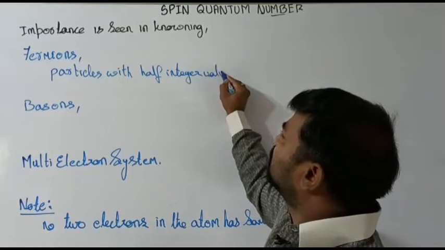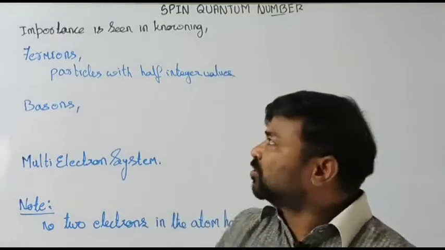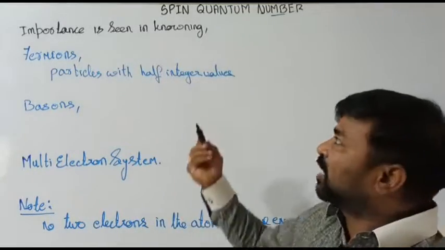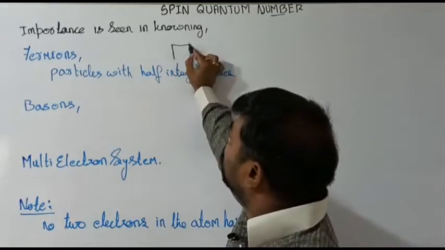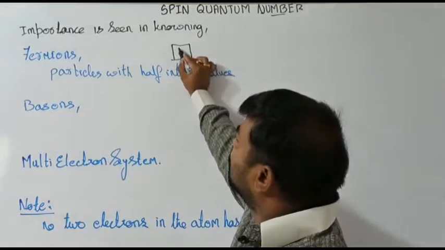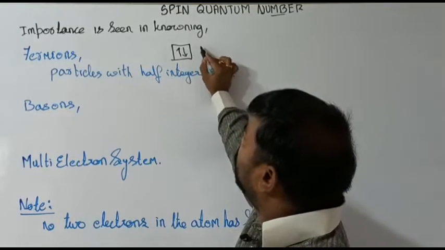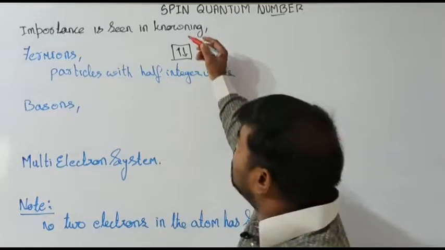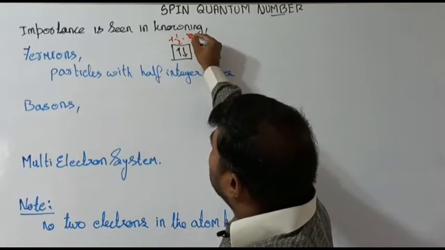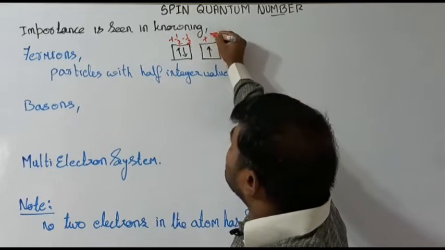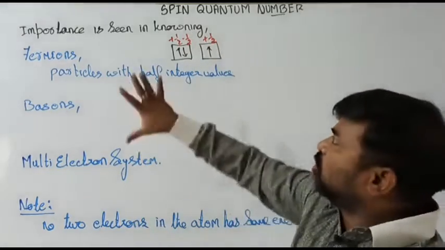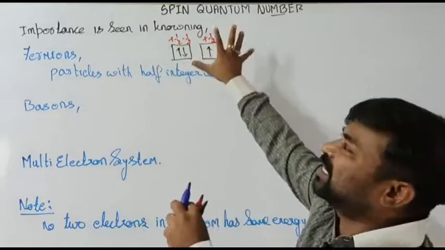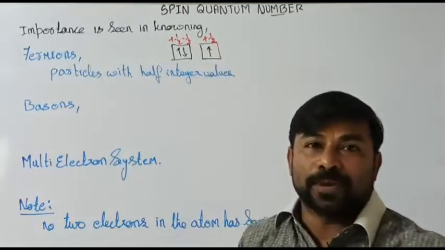You have to remember this one. What are fermions? Particles with half integer values. For example, the duplex structure just now: one upward, one downward, and if you check the values, here it is plus half, and here it is minus half, whereas here it is only plus half. All such particles having that kind of structure are called fermions.